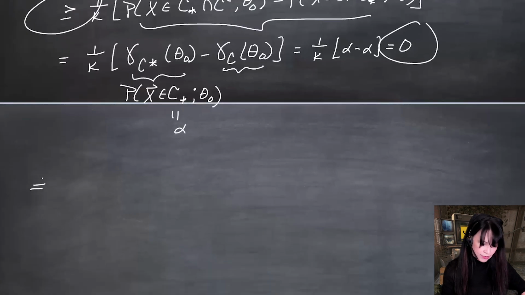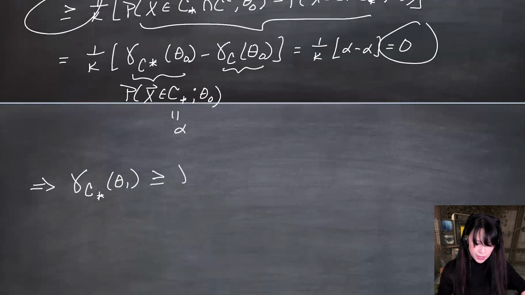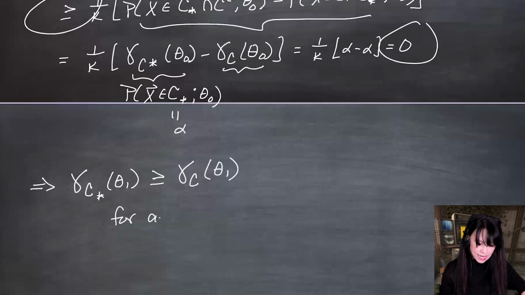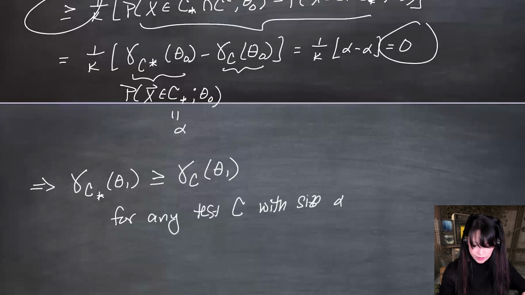And we are done. We have shown that the power function for the C star test, when the alternative hypothesis is true, is greater than or equal to the power function for the C test when the alternate is true. And this holds for any test C with size alpha.